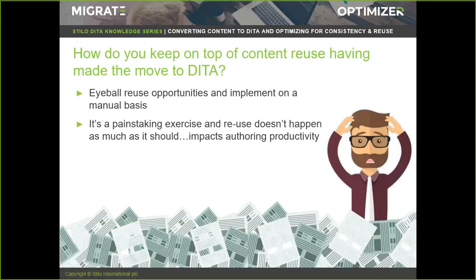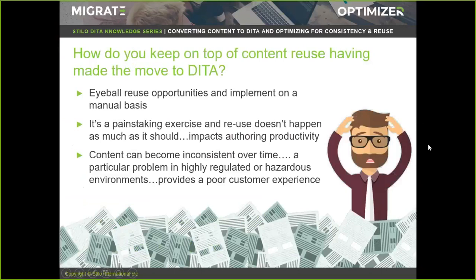So we have this wonderful motivation to go to DITA to get reuse. And then we find that actually in practice, it can be a real problem. That content can become inconsistent over time. So it might well be that an author, rather than reusing something through some conref, basically just copies and pastes and maybe does a slight alteration, and so quite quickly you can get little derivatives of a key topic, and this can really be quite dangerous.